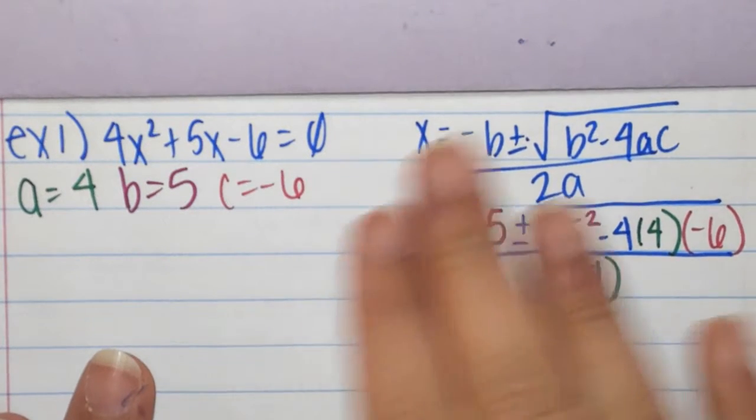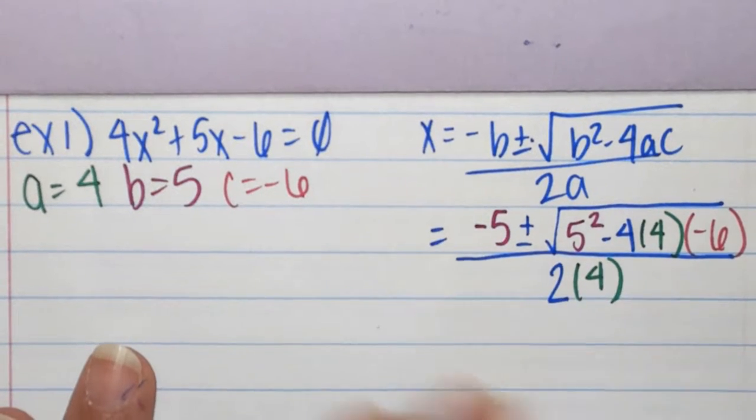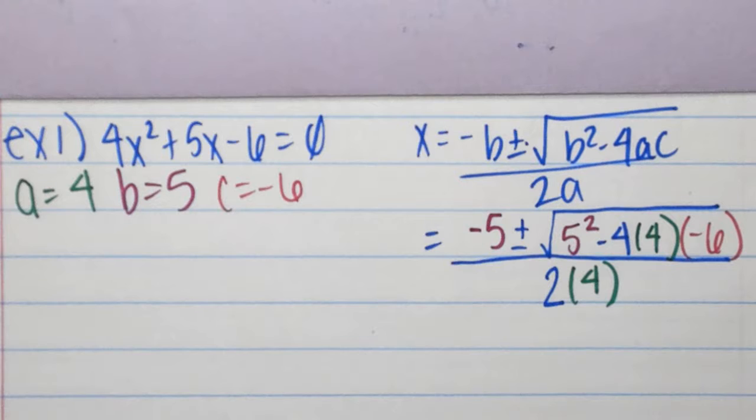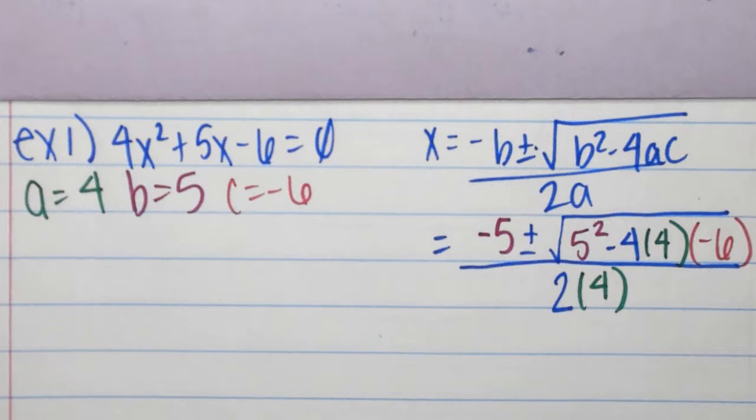Did everybody plug it in correctly like mine? Yeah. Okay, keep working. How many answers are you going to have? Why is it not negative? Because it's the opposite of B. So it's the opposite of whatever this is.